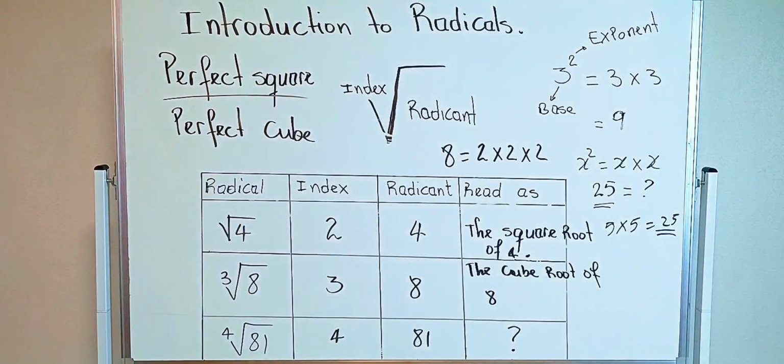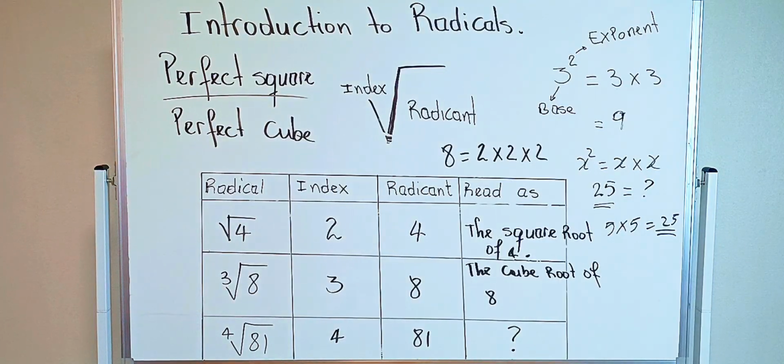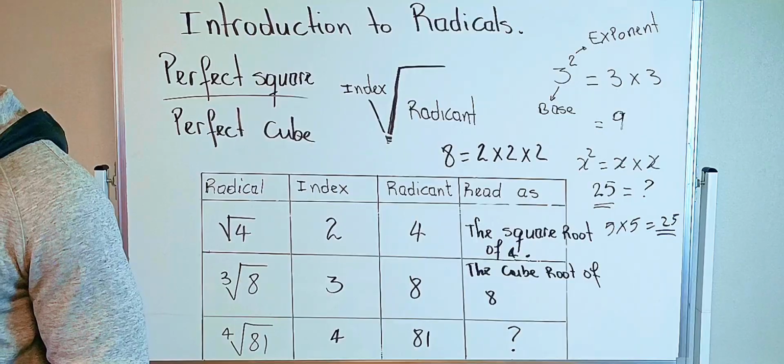I don't know, guys, if you do understand. If you don't understand, or if you got a question, let me know in the comment, because we're gonna move on with fractional exponents.